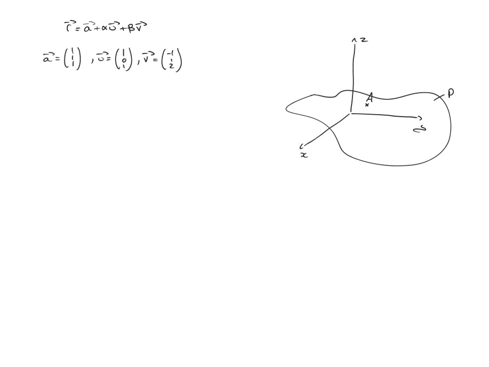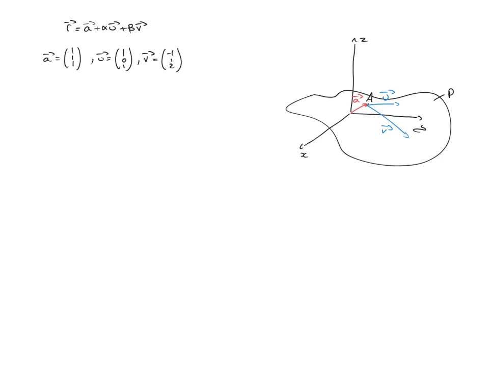That's my position vector A. And u and v are vectors which are fully contained inside this plane and are non-collinear. Now what this vector equation is saying is that any point on this plane can be reached by starting at point A and then considering a linear combination of the two vectors u and v.